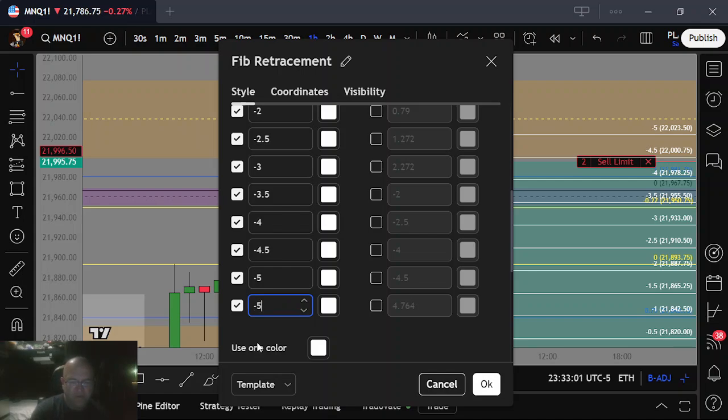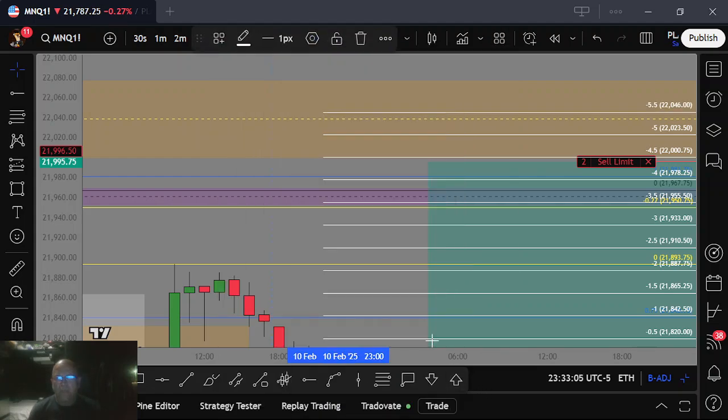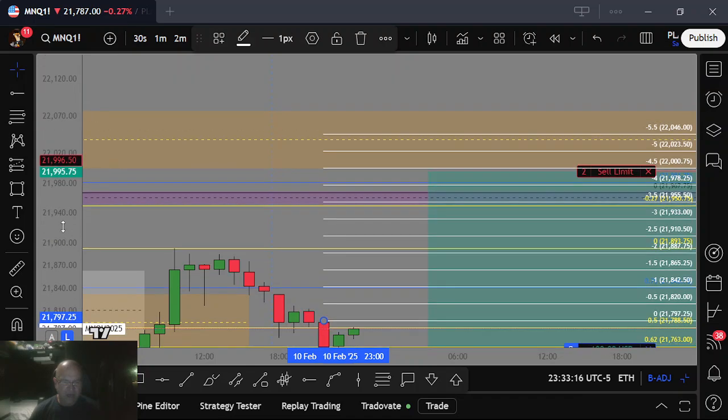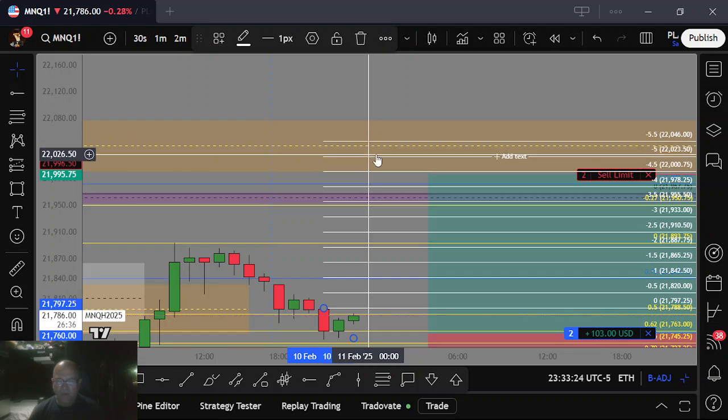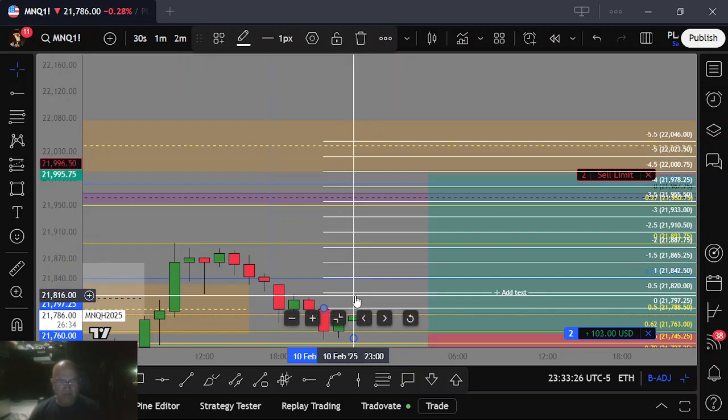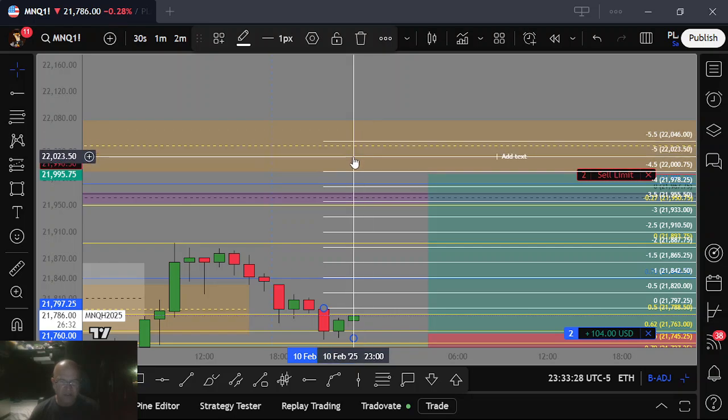Negative 5.5. And that puts us just above the midline. Okay, so the deviations, if that range holds, and this candle is basically range in here, if that moves up a little bit, then the deviations are going to move up as well.